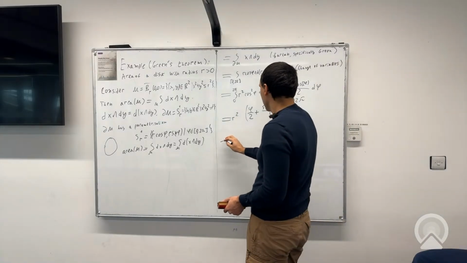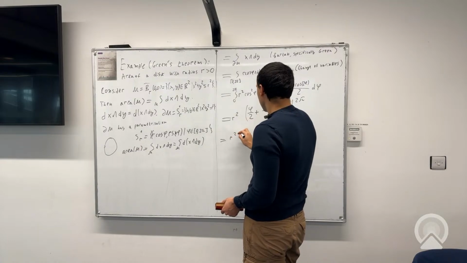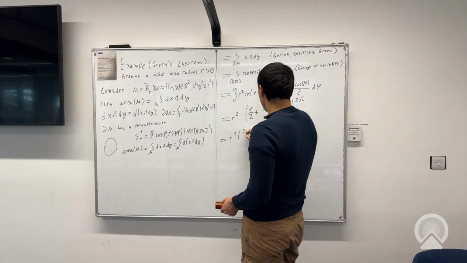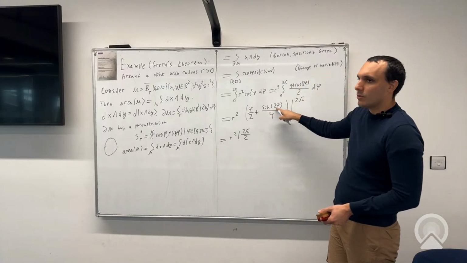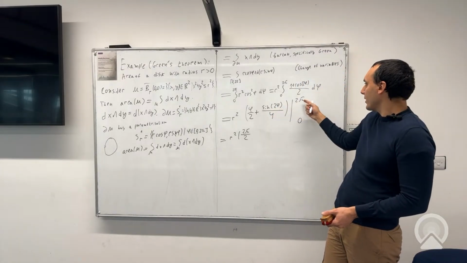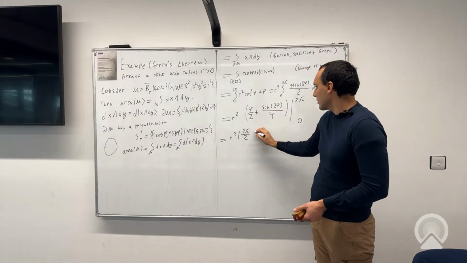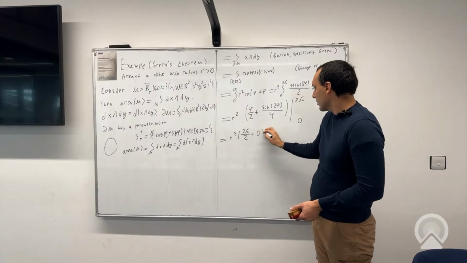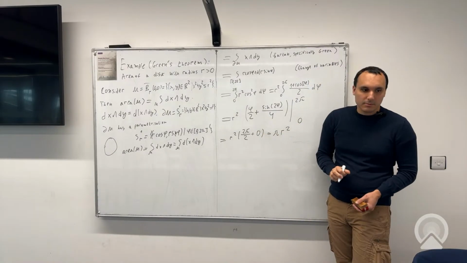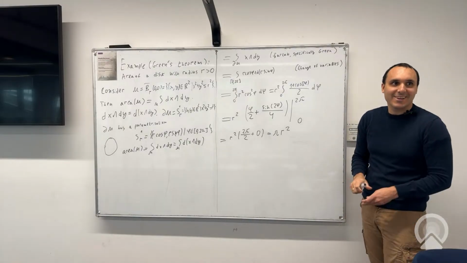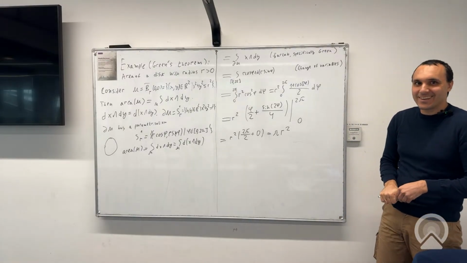And this is r squared times 2 pi over 2, and the other term is 0 because sine of 4 pi is 0 and sine of 0 is 0. And this is pi r squared. Okay. We derived the area of a disk.